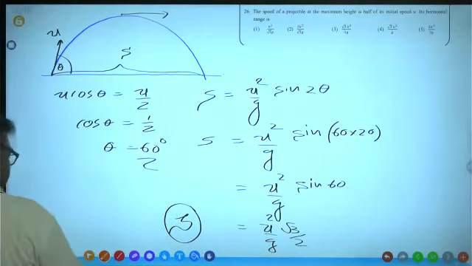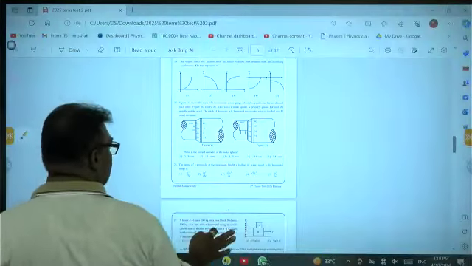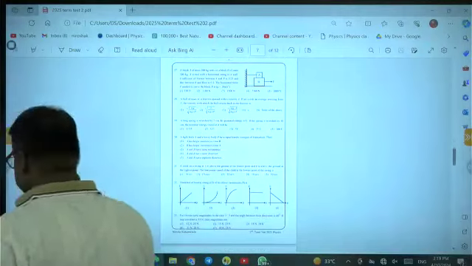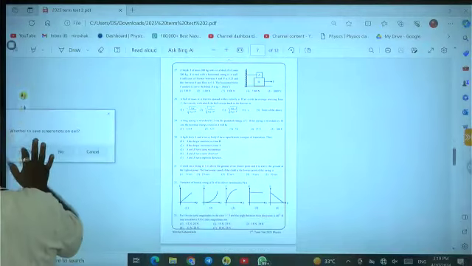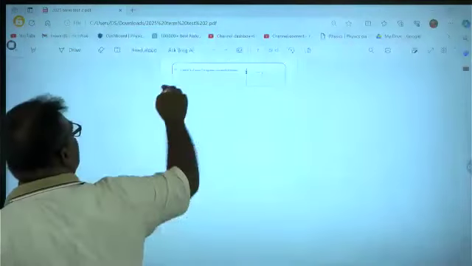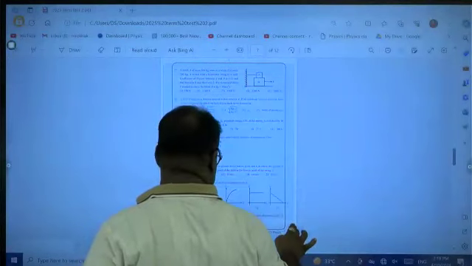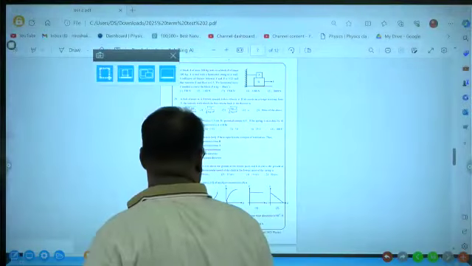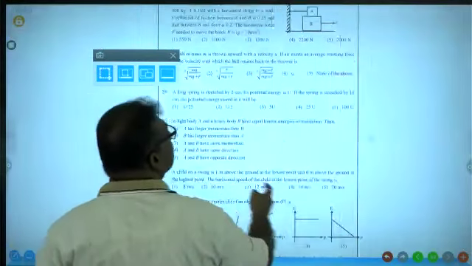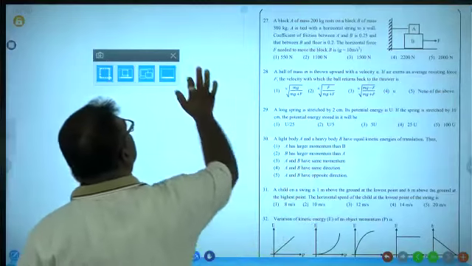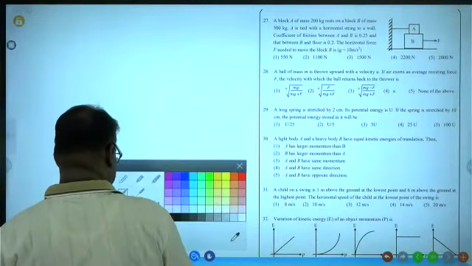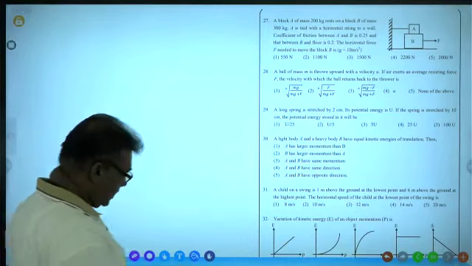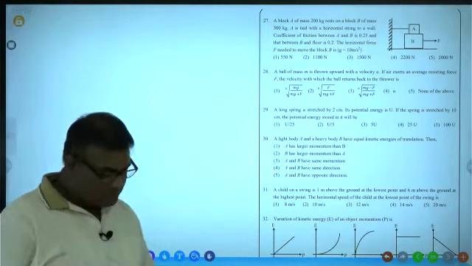Let's see question number 27, right? Okay. Number 27. What does it say?